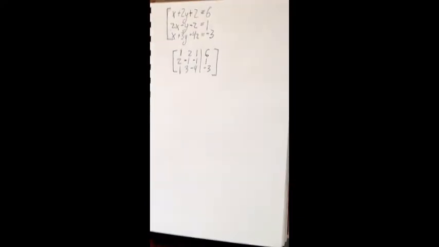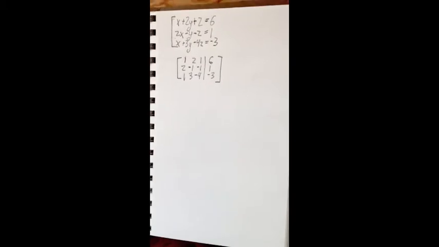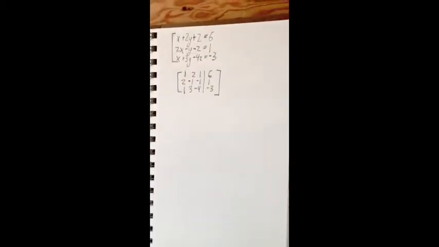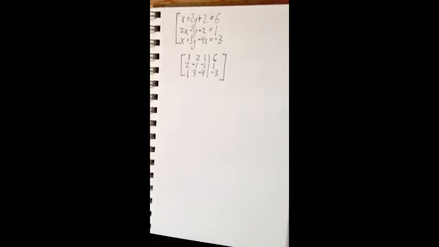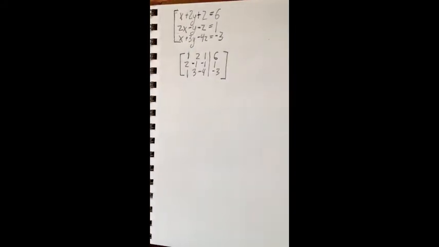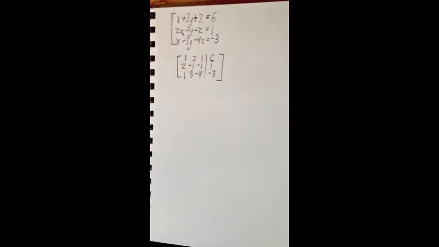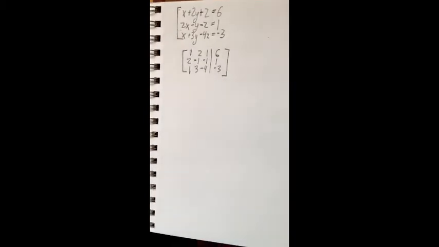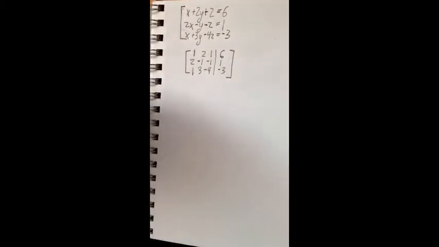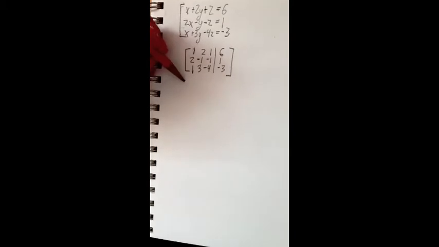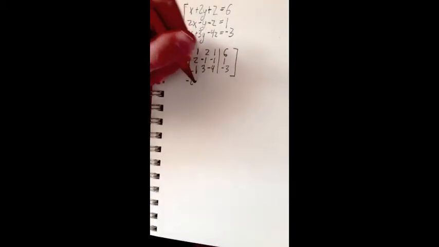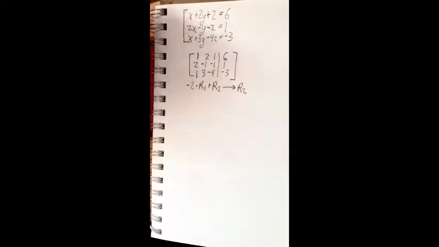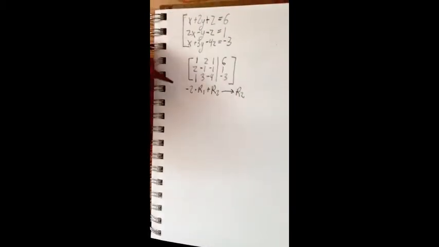Let's try some RREF with a 3x3 matrix as a system of equations. Here you can see we've already got a system of equations with a matrix to coordinate with that. And we need to get to our identity matrix, so we're going to do -2 times row 1 plus row 2 is equal to our new row 2, because we're going to need to get this 2 down to 0.